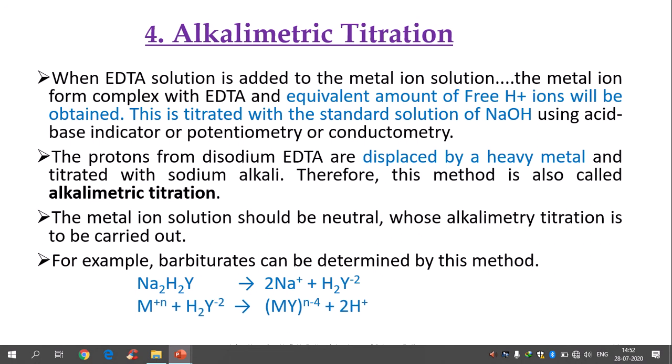So this is the reaction: disodium salt of EDTA reacting with the metal ion, giving the sodium plus complex form and free H+, and this can be reacted with the base to determine the concentration of the H+ and ultimately the concentration of the metal ion present in the solution.